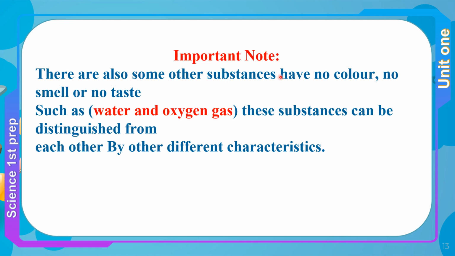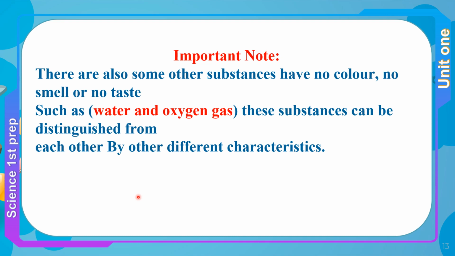Okay, I have an important note here. There are also some other substances that have no color, no smell, or no taste. Miss, you told me now you can differentiate between matters by taste or smell or color.